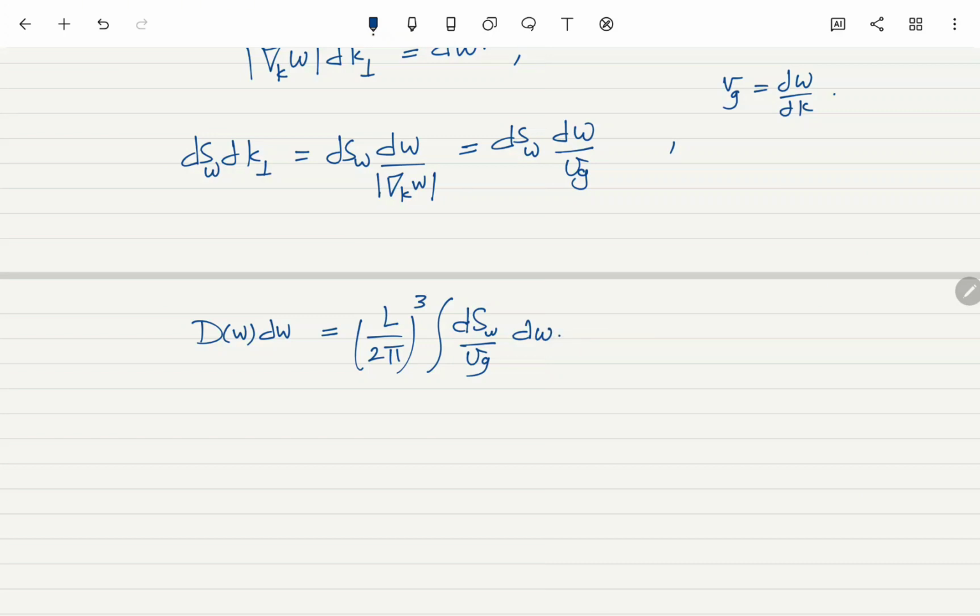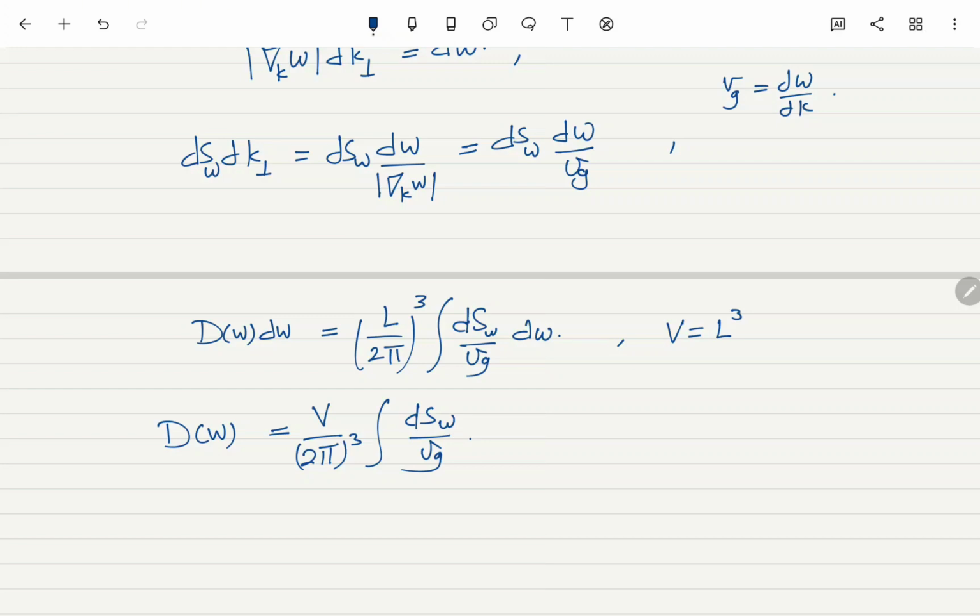And if we divide both sides by d omega and write V equal to L cube, in this case the density of states will be equal to V over 2 pi cube integration dS omega over group velocity.